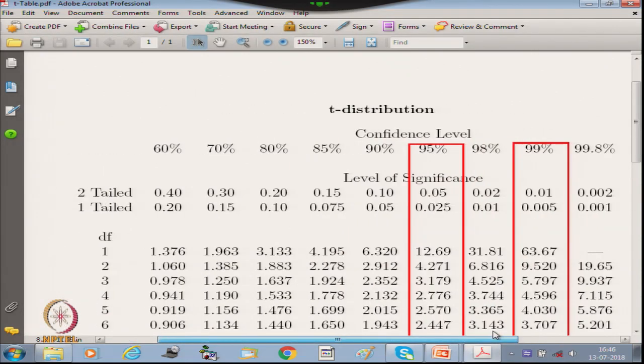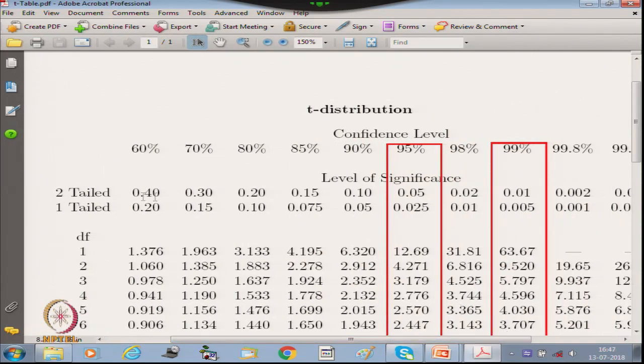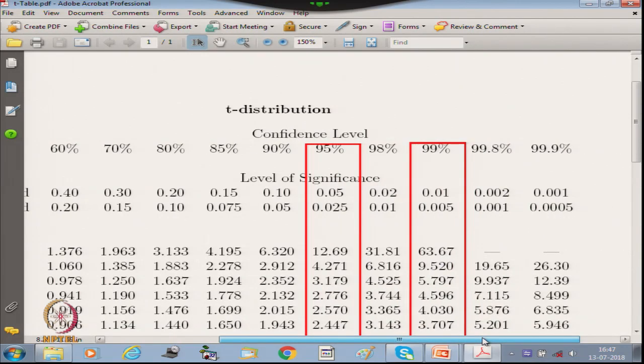These are the t values in the t table, for different degrees of freedom, starting from 1 degree of freedom, and at different confidence levels. It starts with 60% confidence level, 70%, 80%, 85%. Typically we use two confidence levels, 95% and 99%, which are the most commonly used.